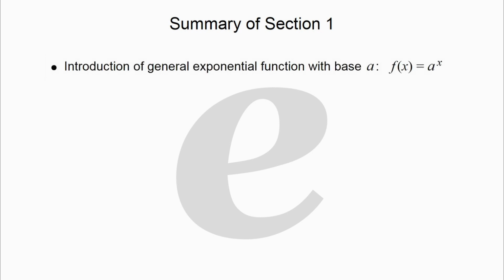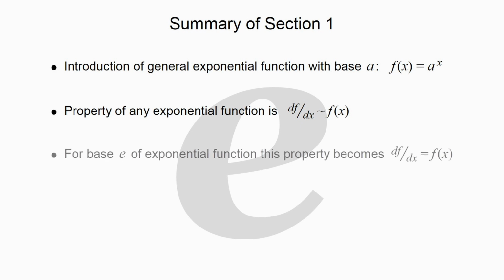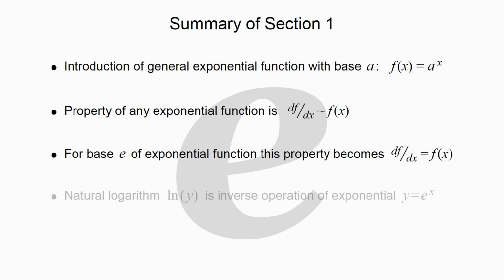This brief summary brings us to the end of episode 1. From the course of an epidemic, the generic exponential function a to the x was introduced that possesses the all-important property that its derivative is proportional to itself. The definition of Euler's number e was found by requiring that the exponential's derivative becomes equal to the function itself.